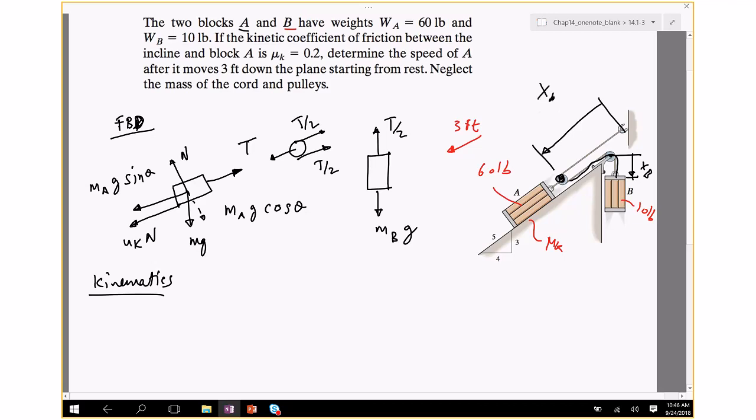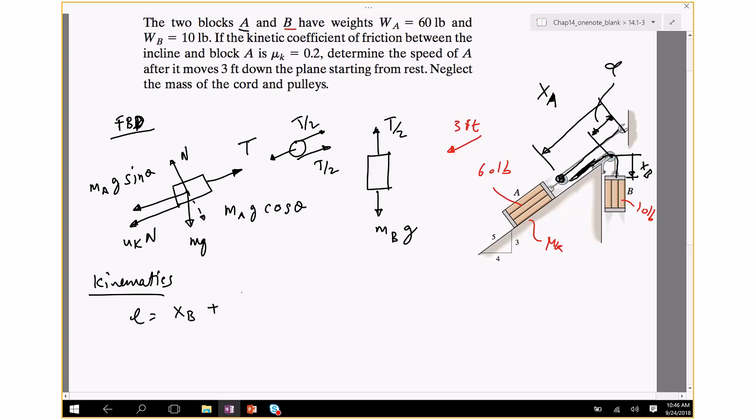So length of the cable equals XB, okay, plus this part and this part. Now what you notice is that this part we're going to show as D does not change with time, so it's fixed.